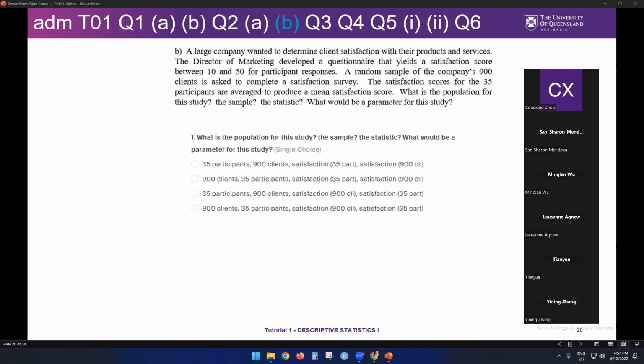The satisfaction scores from the 35 participants are averaged to produce a mean satisfaction score. What is the population for this study? The sample, the statistic, what would be the parameter for this study?